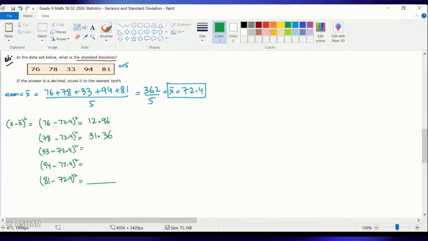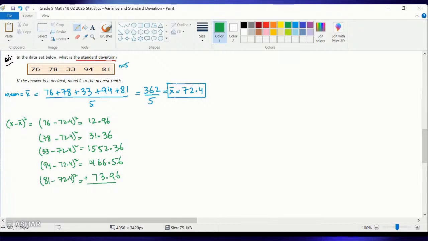With the squared, it comes out to be 1552.36. 94 minus 72.4 is 21.6, squared is 466.56. And the last value would be 81 minus 72.4, which is 8.6. 8.6 squared is 73.96.